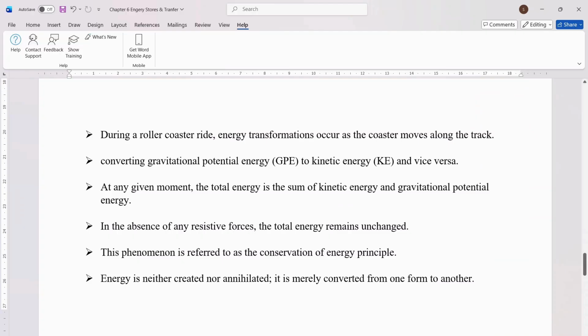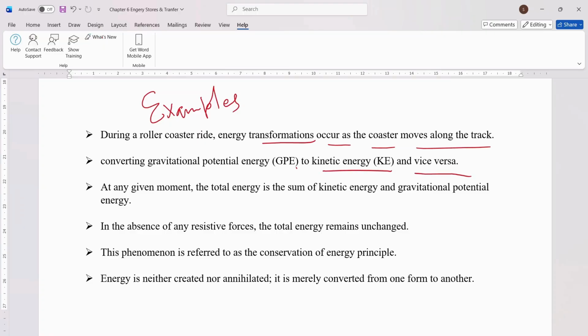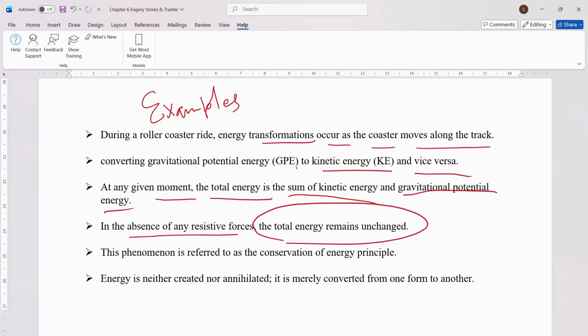During a roller coaster ride, energy transformation occurs as the coaster moves along the track. So, there are more examples here. Converting gravitational potential energy to kinetic energy and vice versa. At any point, the total energy is the sum of kinetic energy and gravitational potential energy. In the absence of any resistive force such as friction, the total energy remains unchanged.